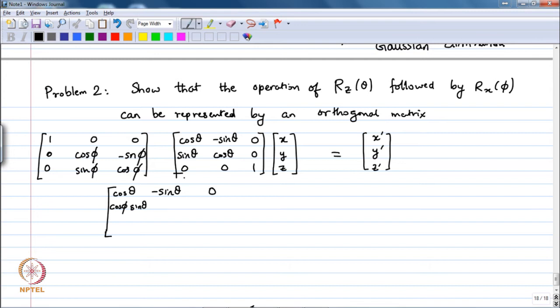Then the next element will be 0 into sin phi, which is 0. So you have cos phi cos theta, and the last one will give me 0 0 and minus sin phi.